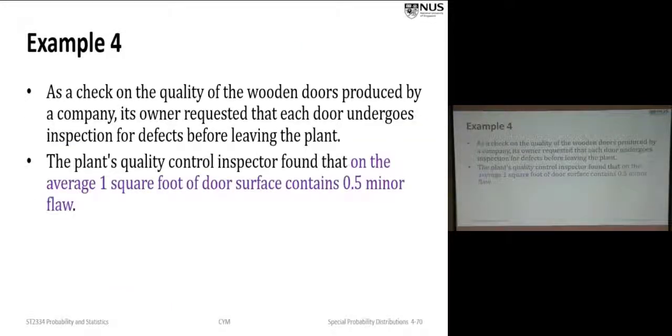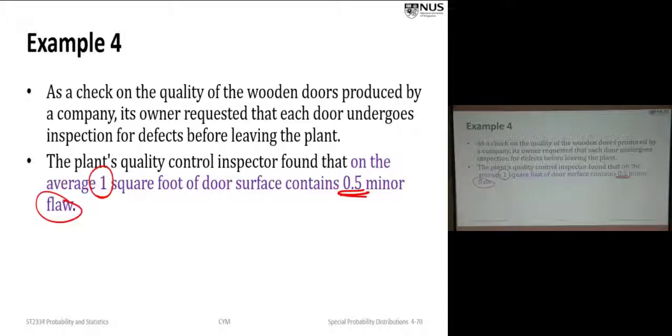Okay, example 4. So this time, instead of time, we extend it to area. So there's an average, quality control finds, an average of 1 square foot of the door surface containing 0.5 minor fault. So a fault is the occurrence. We want to know how many faults there are over this door.